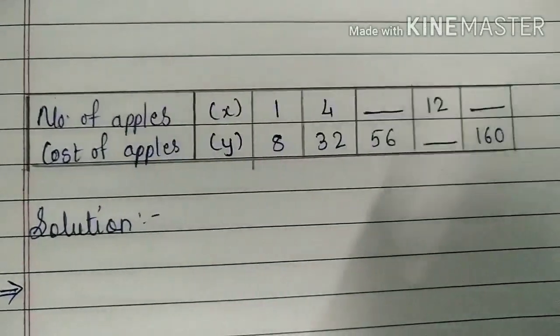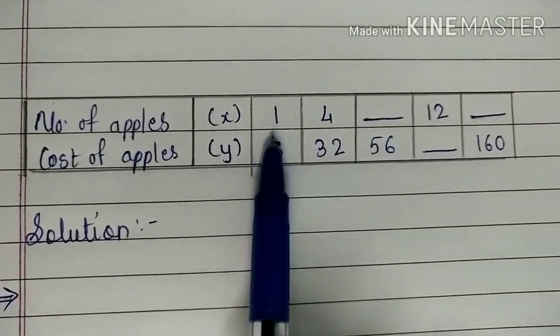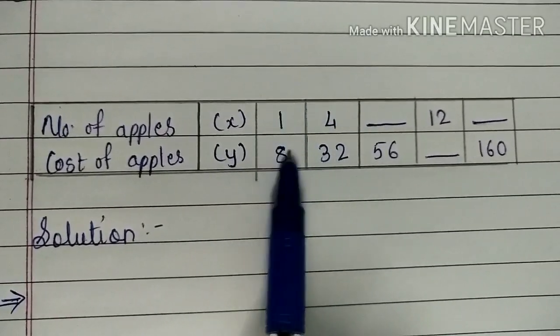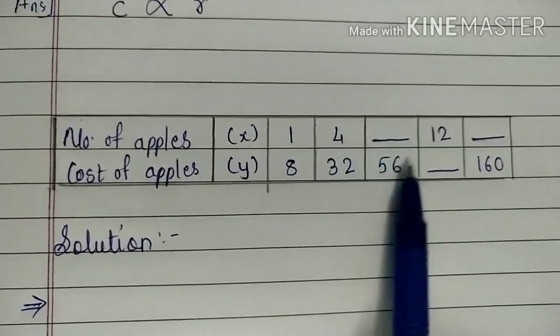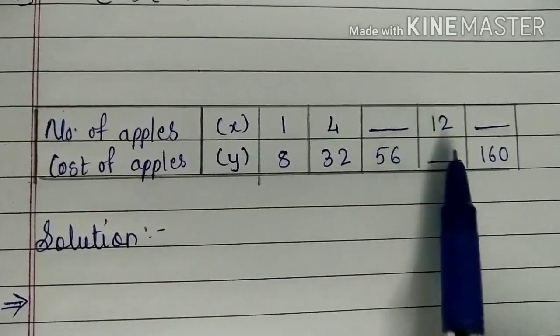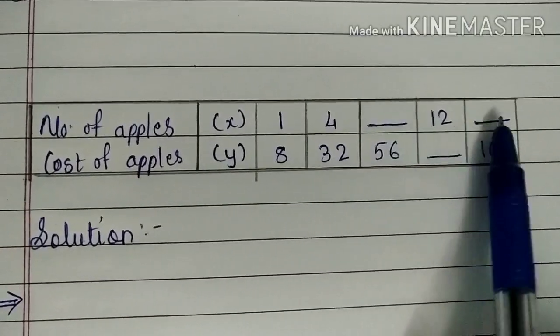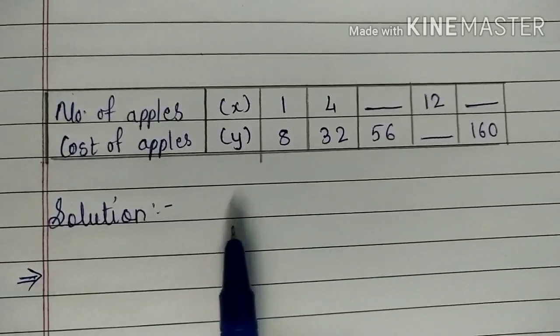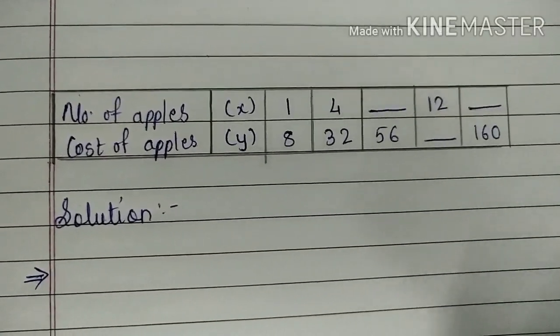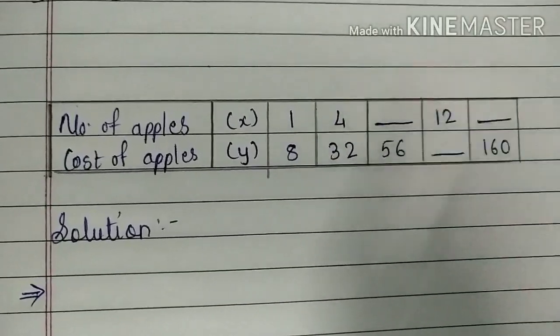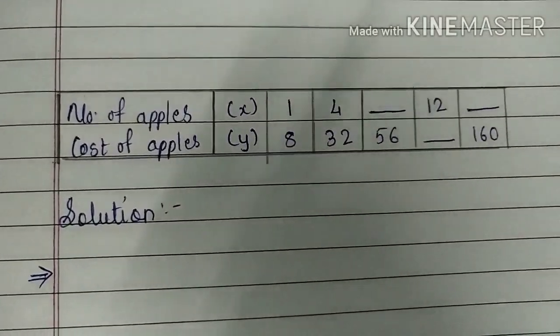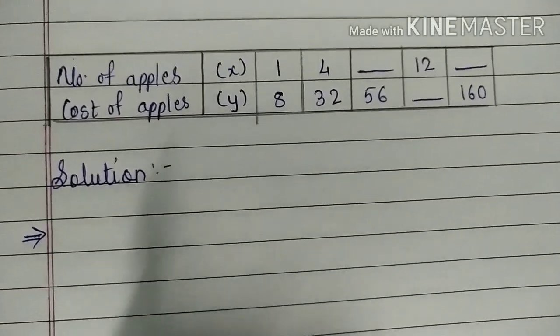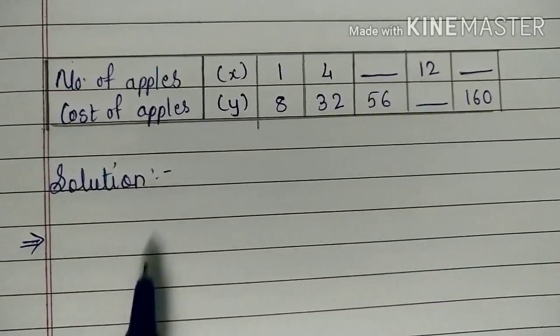Okay, you cannot directly start with the sum. First you need to pay attention on these two columns, and then these are the sums that have to be solved. You know where the dash is, those answers are to be found out. So the first step is to get the equation of the direct variation.